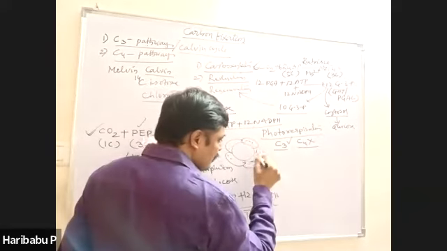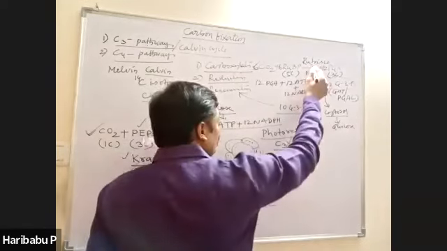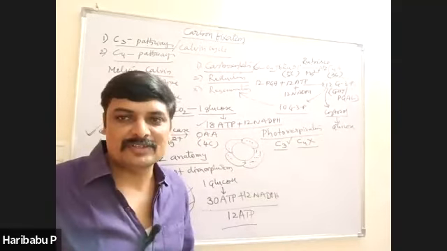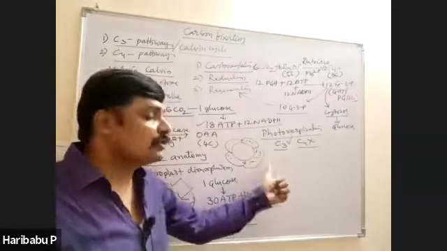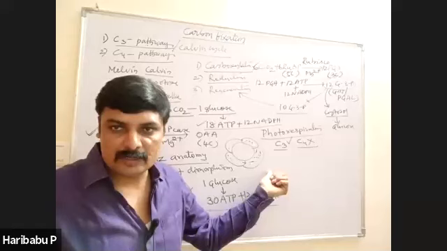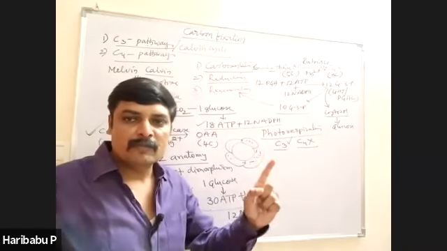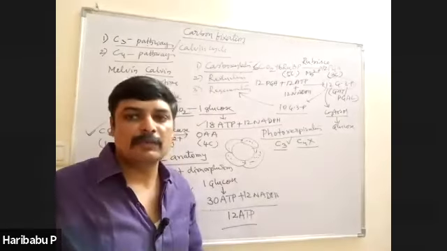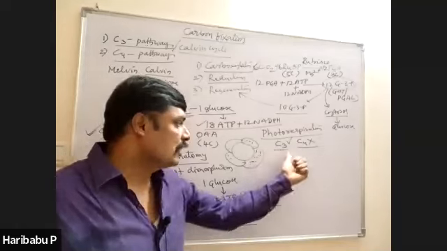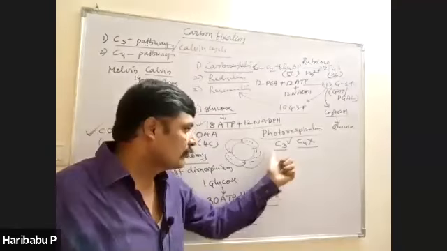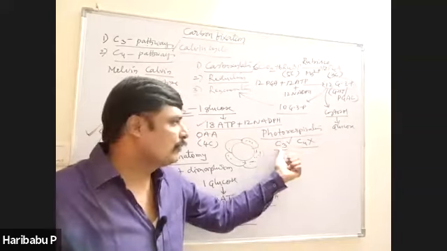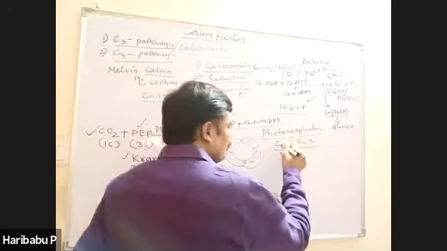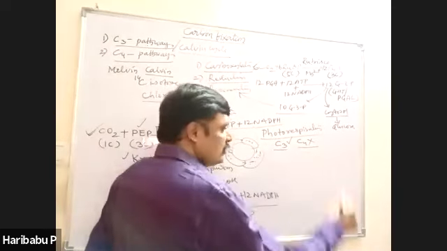As long as high CO2 is present, Rubisco acts as RuBP carboxylase. Therefore, there is no question of photorespiration. That is why photorespiration is absent in C4 plants but present in C3 plants. Such a mechanism is not found in C3 plants, hence they cannot escape photorespiration. Due to photorespiration, C3 plants are less efficient than C4 plants.